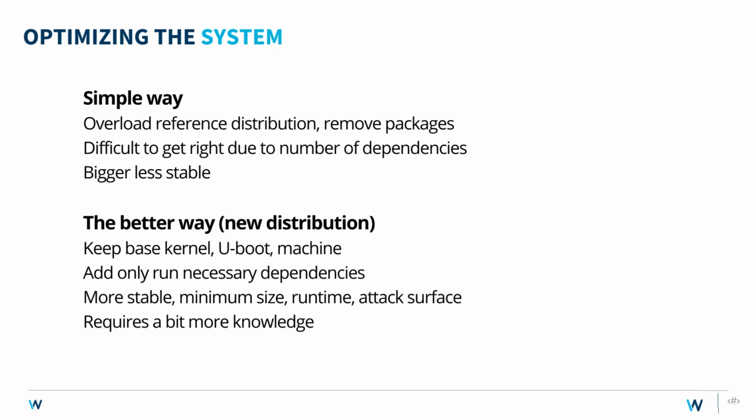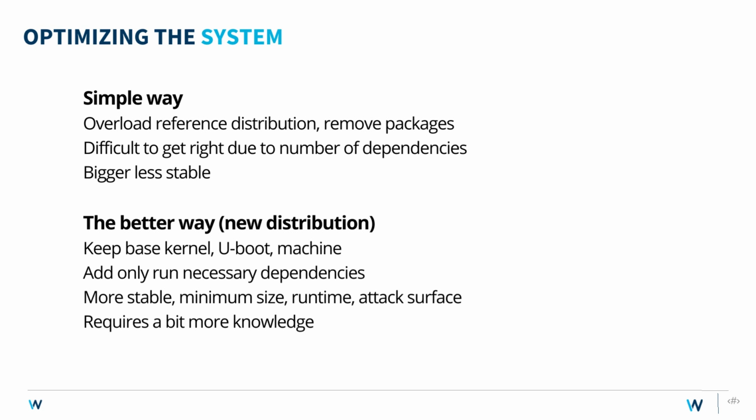So the approach we generally recommend is to start a new distribution. You're still leveraging typically all the tools and the main components from your NXP distributions, so namely your kernel, U-boot, your machine, and everything, the main components that you have in Yocto.